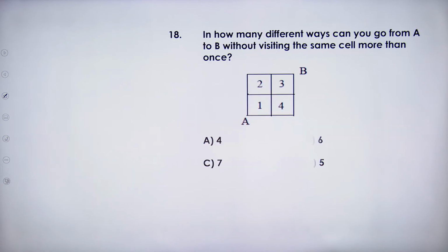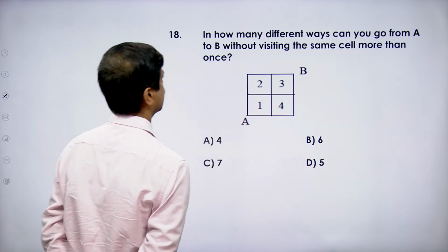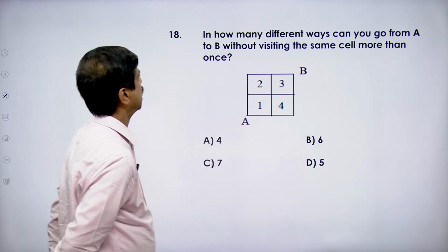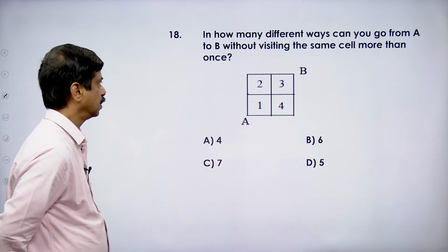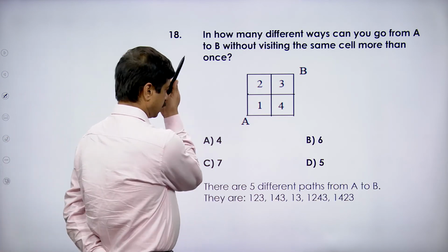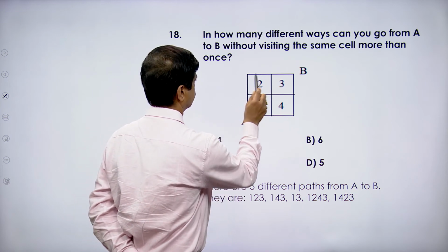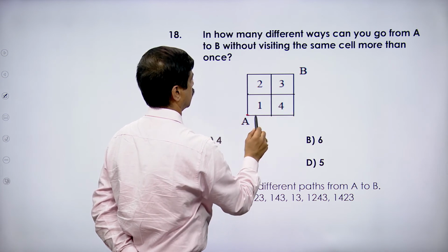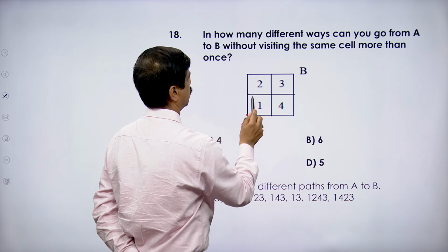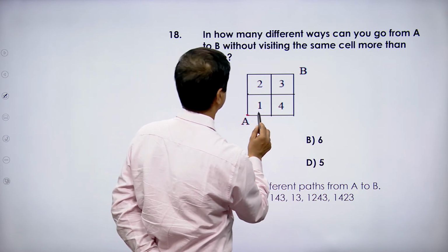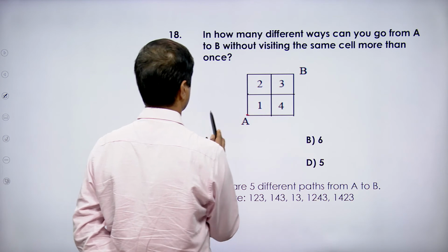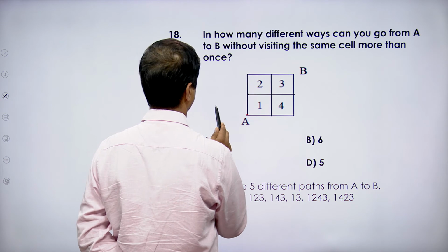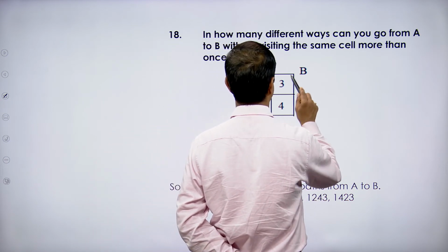Okay children, let us go to the next question. In how many different ways can you go from A to B without visiting the same cell more than once? So look at this. One is I can go like this, 1, 2, 3, 4, and what is that fifth path? 1, 2, 3 is first one, 1, 4, 3 is second one, 1, 3, yes, this is direct.